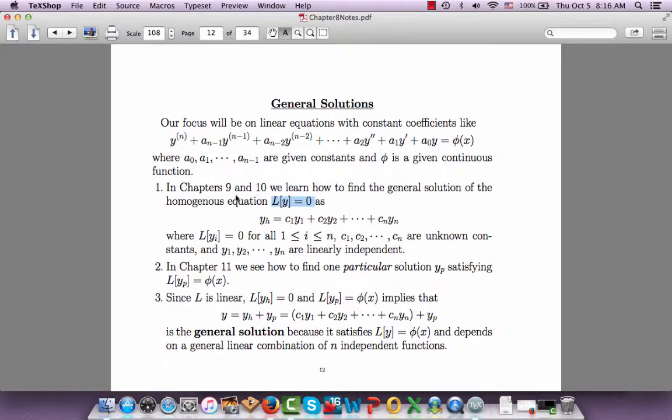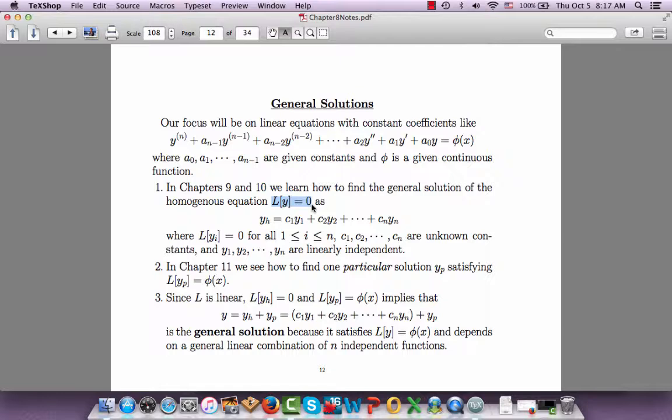And the idea is the nth order equation is going to have n different solutions, y1 through yn. So we just create an abstract linear combination of those solutions of this homogeneous equation, and we call that y sub h. H for homogeneous. This is the solution of this homogeneous equation. So if I take y sub h and I plug it into L, it'll give me 0.